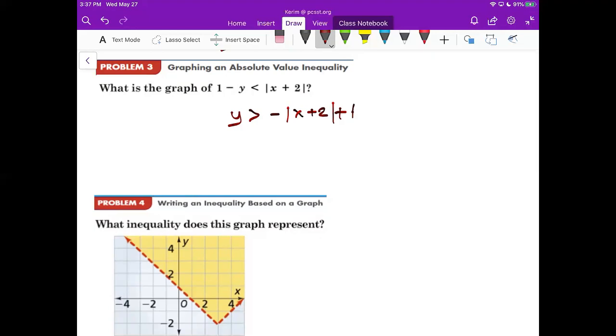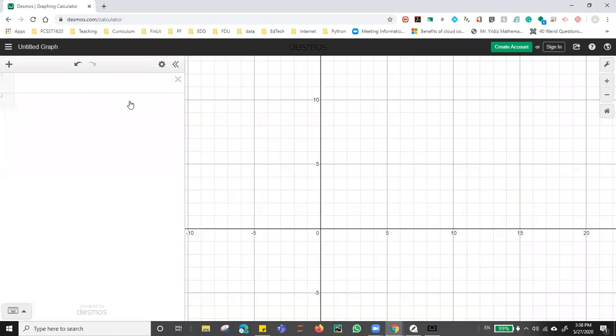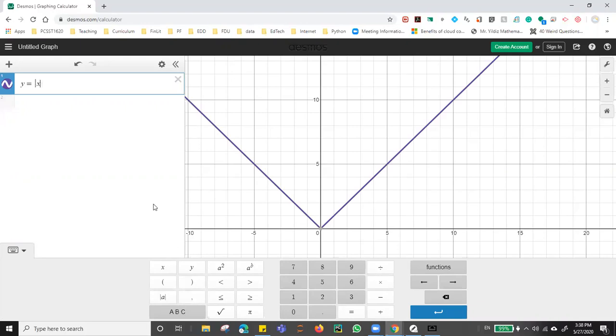So right now, I'm going to use the absolute value parent function. Remember, our parent function was y is equal to the absolute value of x. I'm going to use equal to intentionally because I'm going to make a connection between our prior knowledge and this one.